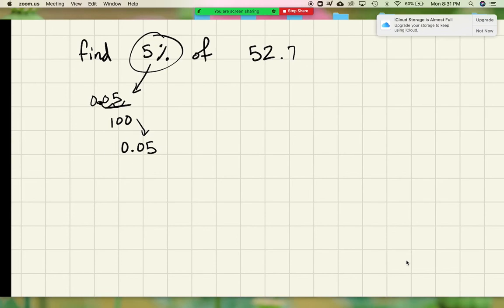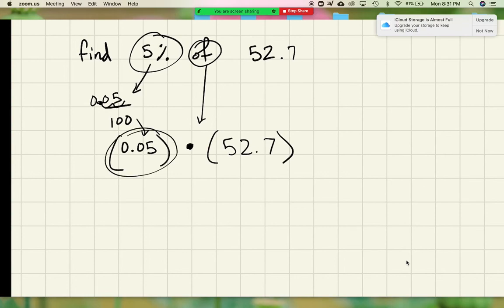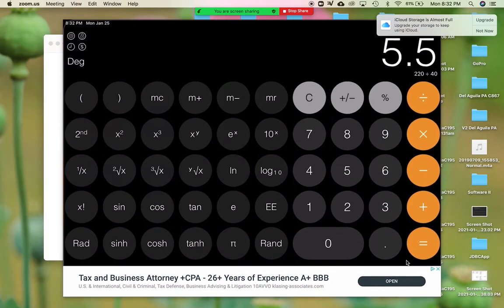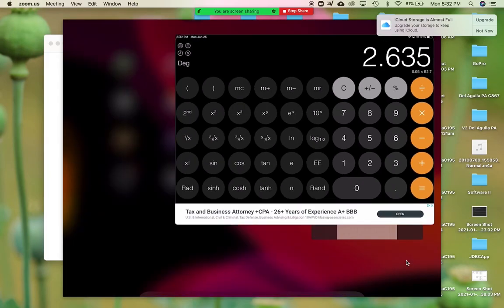So if it says find 5% of this number, of means multiply. So 5% of 52.7, we're just multiplying: 0.05 times 52.7, which is 2.635.